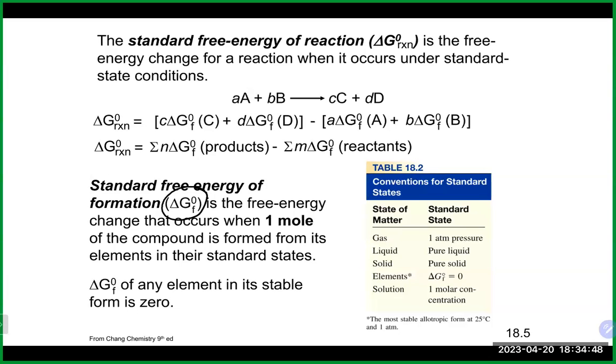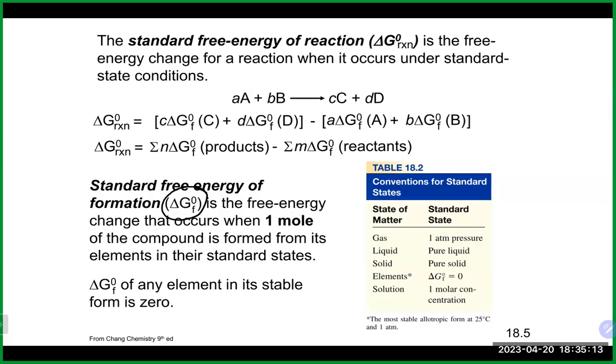Again, the little knot means basically go to a table, standard conditions. We did it under these conditions as we were just talking about: 1 atmosphere if it's a gas, 1 molar if it's a solution, and usually the temperature is 25 degrees Celsius. So that's a good way to think about what that little knot means. It may not be correct in all aspects, but that's the way you think about it.